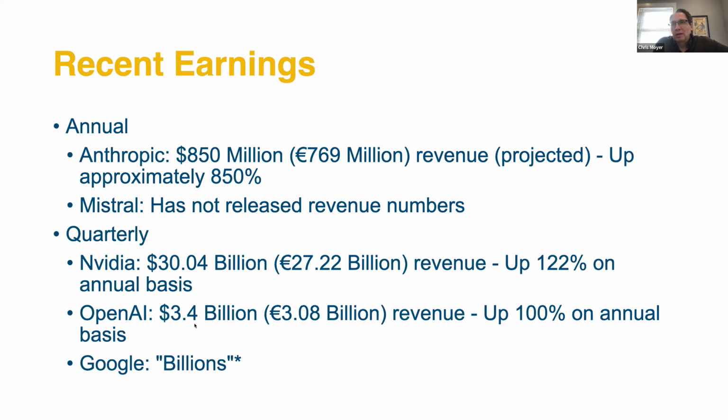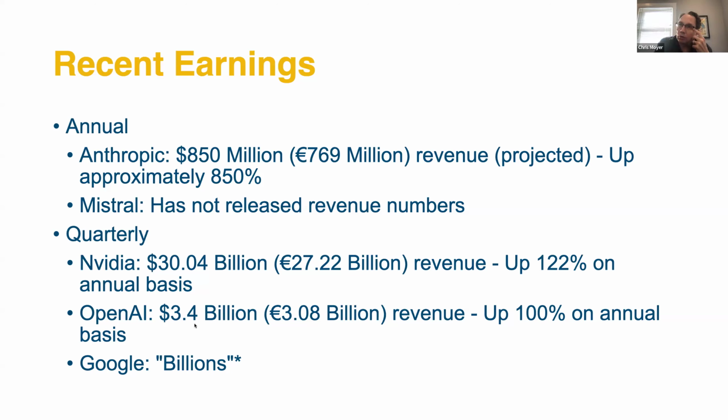But the implication there is that people are using this in a stealth mode. Students are using it to write term papers. Employees are using it to help them with their job responsibilities and not telling their employer about it. So it's almost clandestine use, which is the bread and butter for OpenAI.